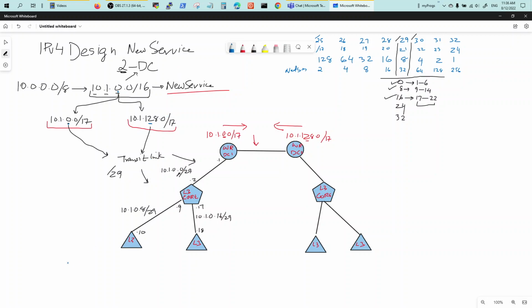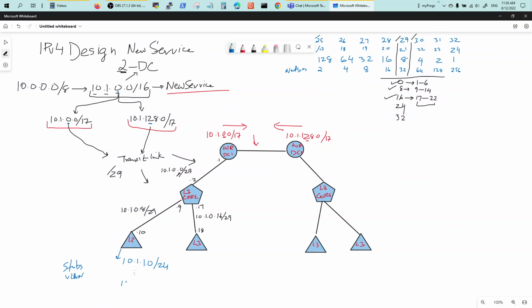Now let's look at the stubs. Stubs are your VLANs. So your VLANs will go 10.1. You're using the 0 subnet for the transit, so you're not going to use the 0. Now you're going 10.1.1.0/24, and these VLANs can span between these two or more L3 switches or L2 switches that are hanging below them, right?